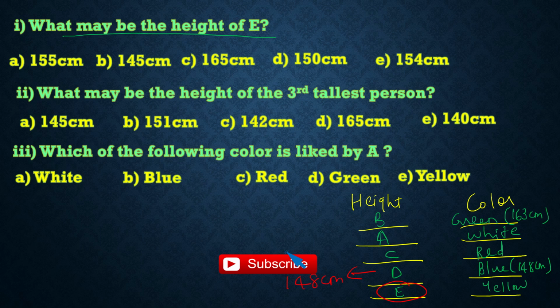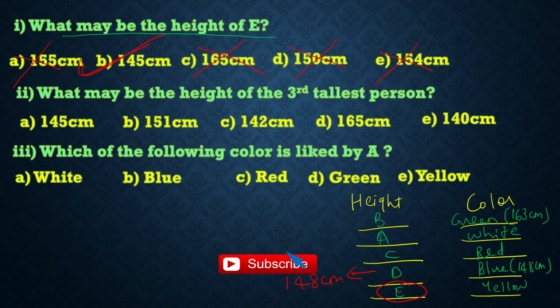So less than 148 centimeter will be the possible height of E. 155? No. 145? Yes. 165 eliminated. 150 also eliminated. 154 is also eliminated. So less than 148 is 145. So B is the correct option.